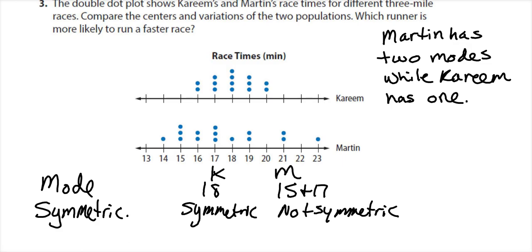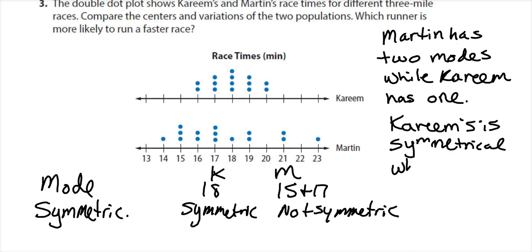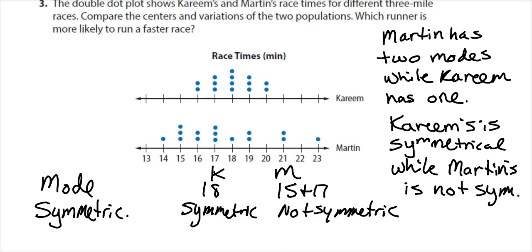And Kareem's is symmetrical, but Martin's is not. I'll just abbreviate there at the end.